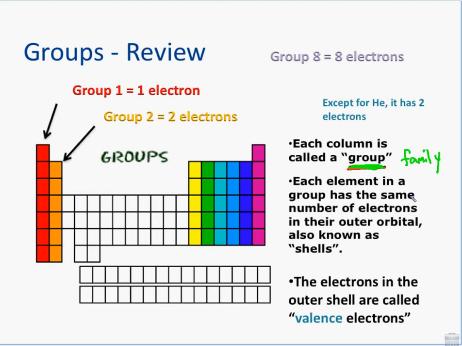Each element in a group has the same number of electrons in their outer orbital, and we also call this outer orbital the shell, the outer shell. And finally, these electrons in the outer shell are called the valence electrons. So hopefully that's a bit of a reminder, and you have the definition of a valence electron down by now.